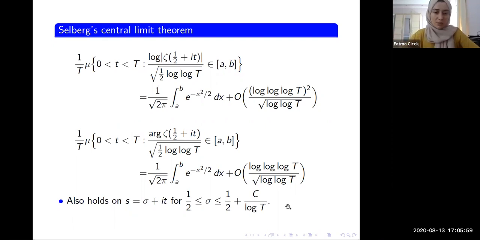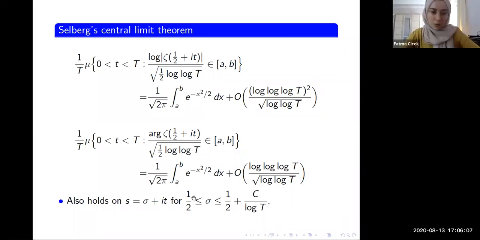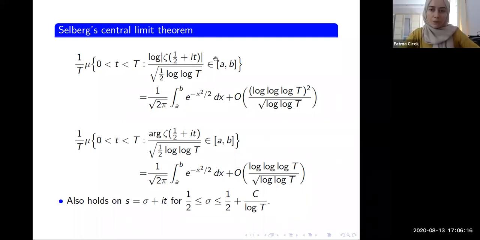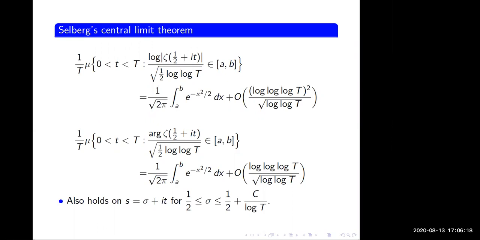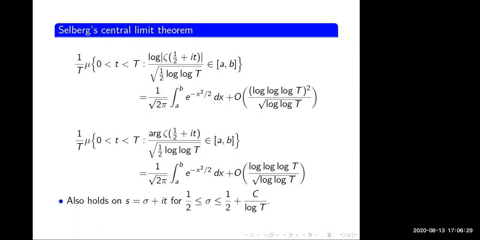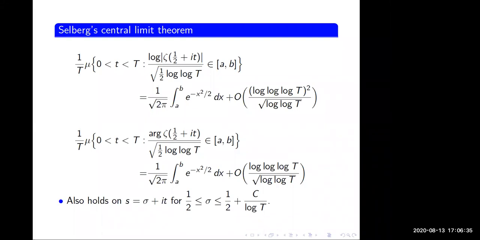I didn't say anything about what is to the right of the critical line. You can still get slightly to the right of 1/2, say something like 1/2 minus 1/log t. In that case the mean will be non-zero, which you can probably find from the functional equation. We just don't really deal with that part, because from the functional equation you can work on one side of the line most of the time. So we just focus on that.